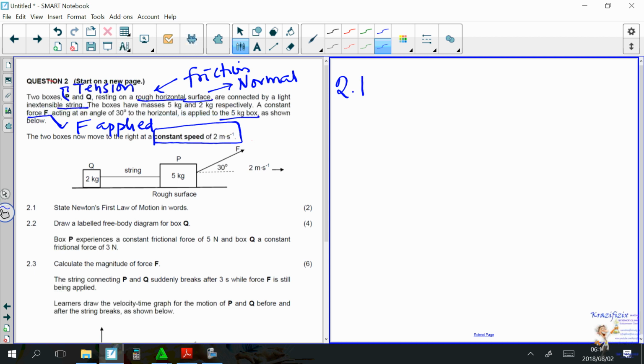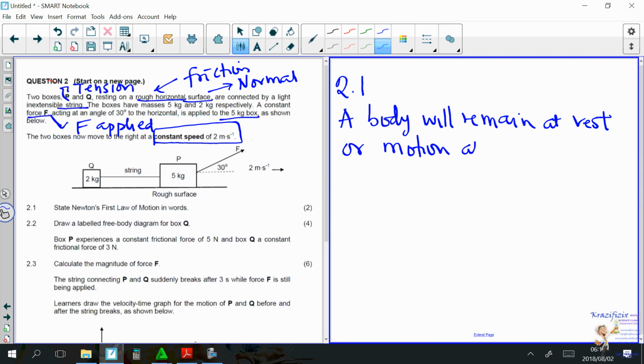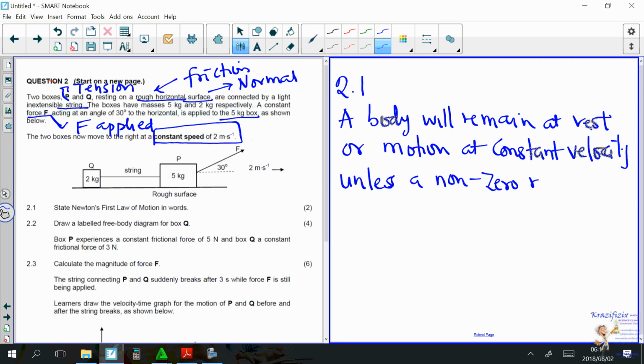Guys, we need to know our laws. A body or an object will remain at rest or in motion at constant velocity, or use the word uniform, constant velocity, all right, unless a non-zero resultant force or net force acts on it.